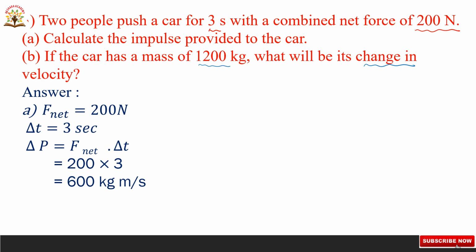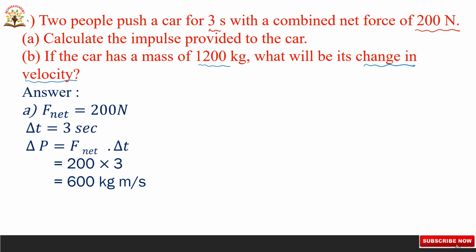Now let us discuss. First one: they gave net force F as 200 newtons and delta t as 3 seconds. Delta P is equal to F × delta t, or we can write impulse I is equal to that; we have to calculate the impulse provided to the car. Delta P is the change in momentum, which is force into time.